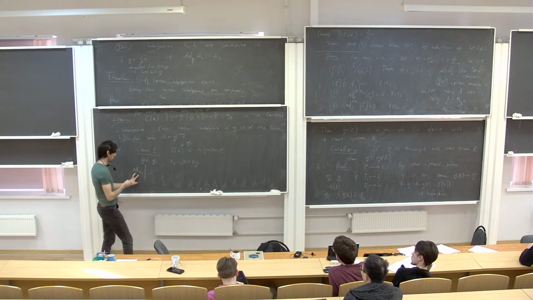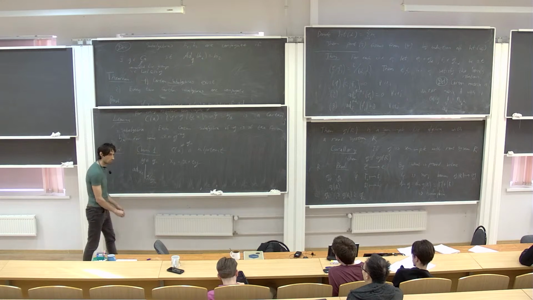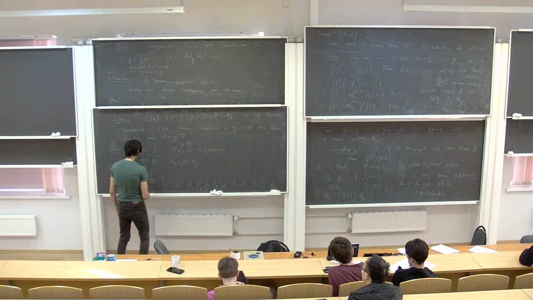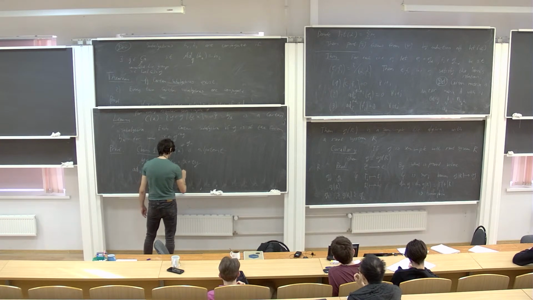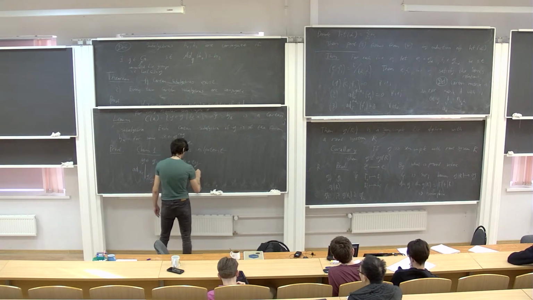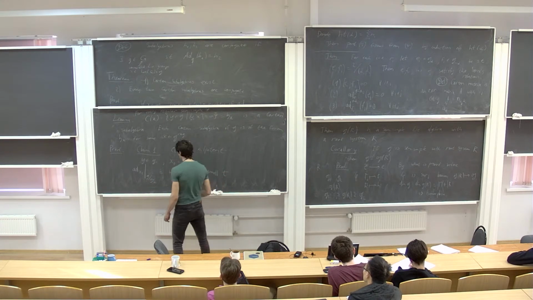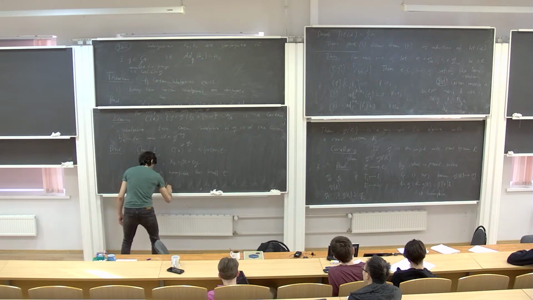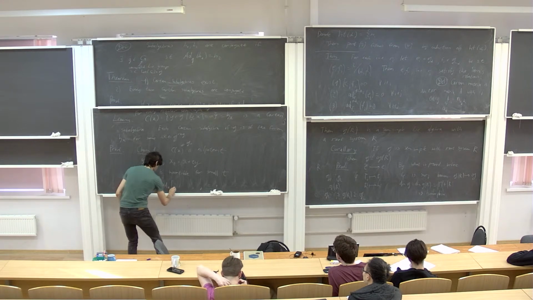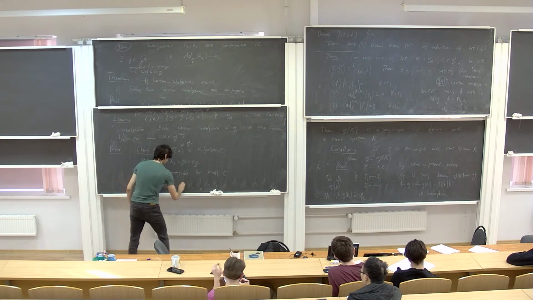And I denote it like this. Sorry, it's not restriction, but rather image in the quotient. And I claim that this is invertible for small t. This is because ad x image in this quotient is invertible.